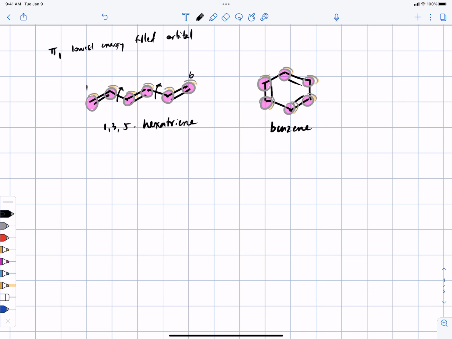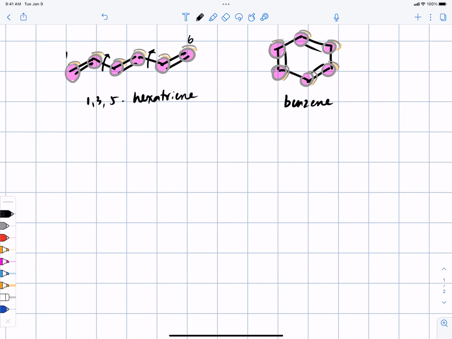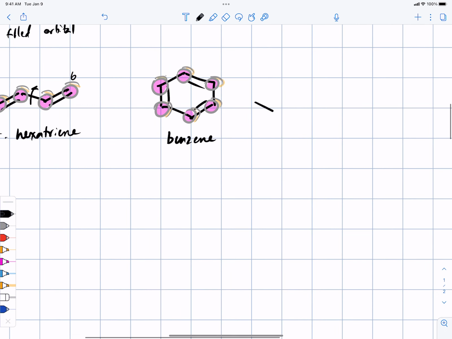All right, sorry. No, you're right that there's one more sigma bond. Let me give you a sense for what the resonance consequences of benzene are versus 1,3,5-hexatriene. I can draw a neutral resonance structure where instead of the double bonds being between 1 and 2, 3 and 4, and 5 and 6, I now have them between 2 and 3, 4 and 5, and 1 and 6.